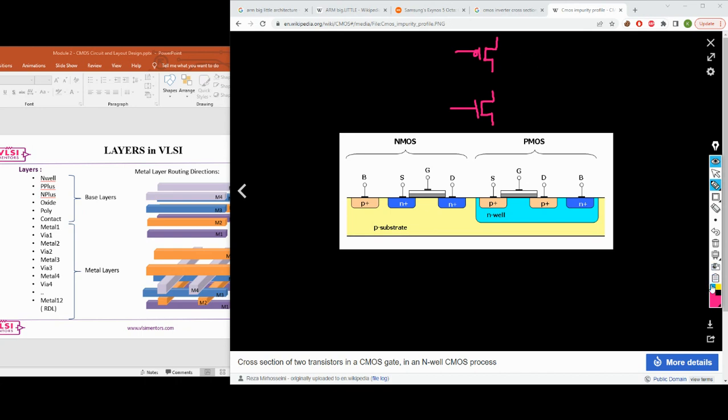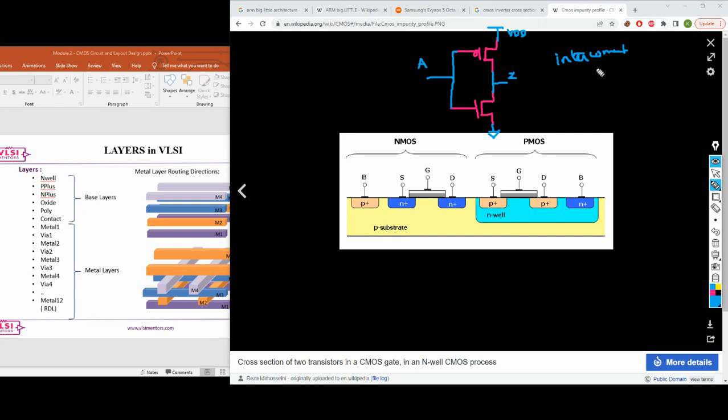This particular thing you need to connect. The PMOS is going to be connecting to your VDD. Now this is going to be connecting to input A, and this particular one you are going to connect to VSS, and these two you are going to connect to something called Z. Anything that I drew in this blue color comes under interconnect.